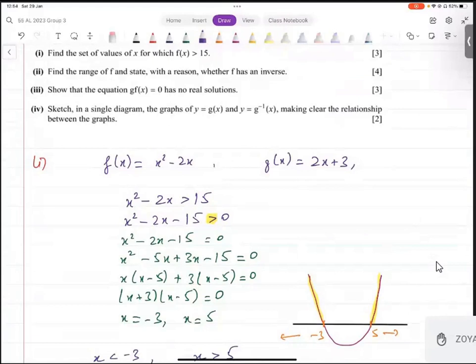Let's look at the second part. Second part में वो क्या कहता है? Find the range of f and state with a reason whether f has an inverse.